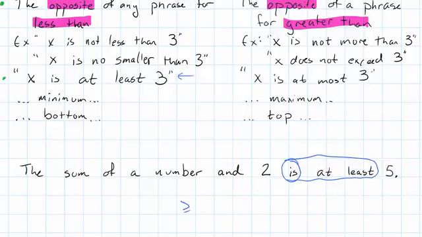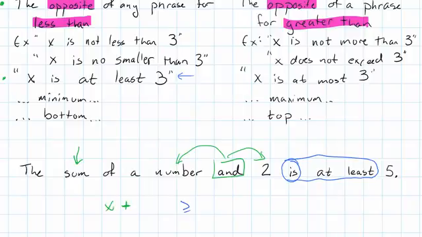Now I look at my two expressions. My first expression is a sum, so there's going to be addition. The sum of what? Here's the "and". Before the and I have a number, and after I have 2.